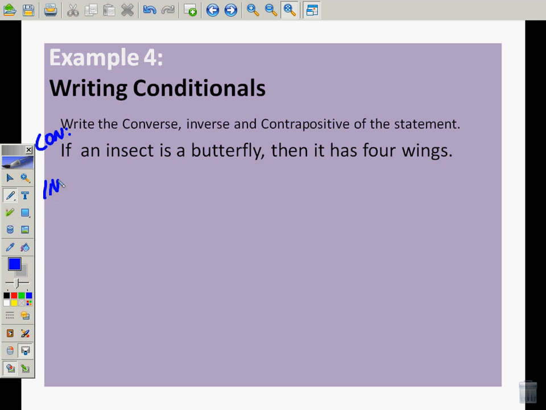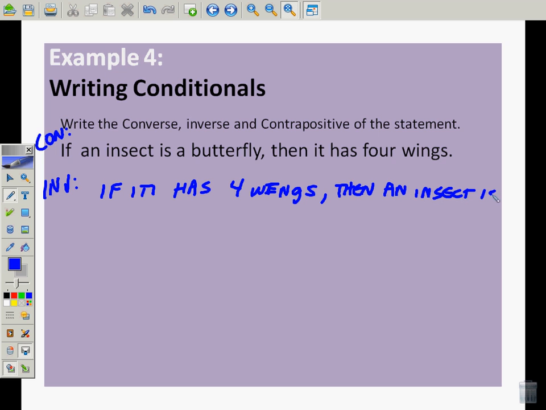So if it has 4 wings, then an insect is a butterfly. Okay? So the if and the then stay there. The if comes down, the then comes down, and we switch the actual clauses themselves.